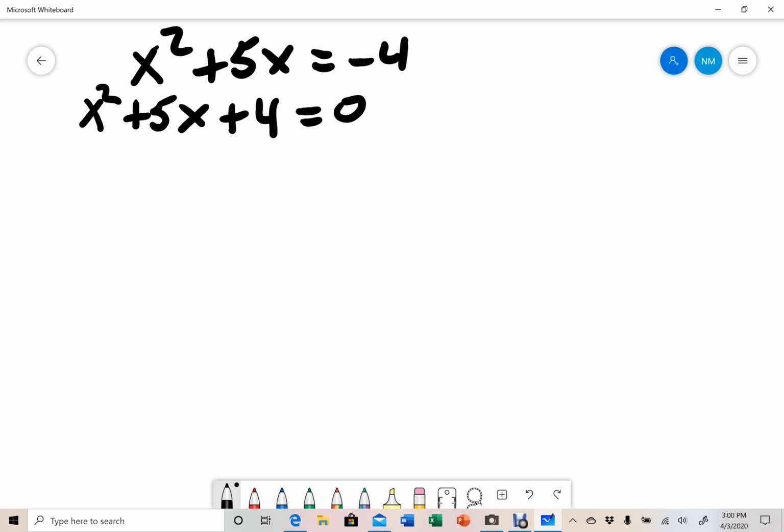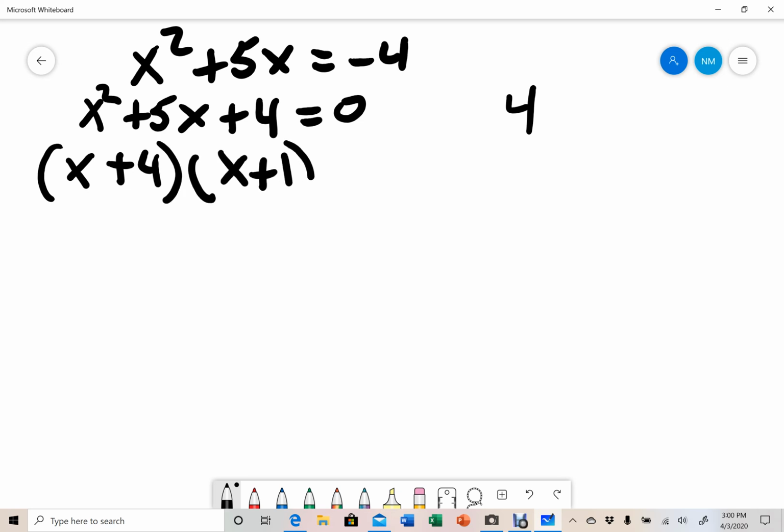Okay, so I take my factors of 4, and I've got a couple different options there, and I try my different options for 4, and I'm going to come out with factors of x plus 4 and x plus 1.